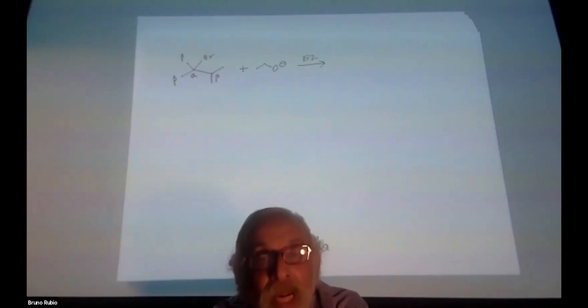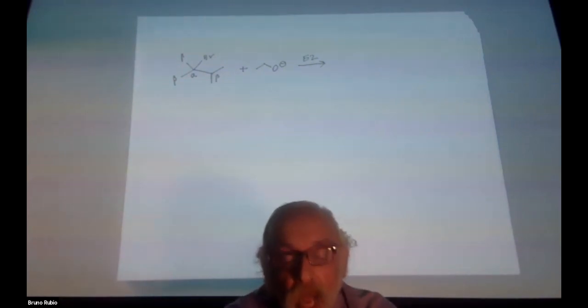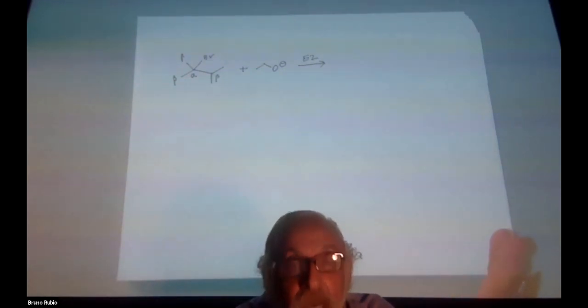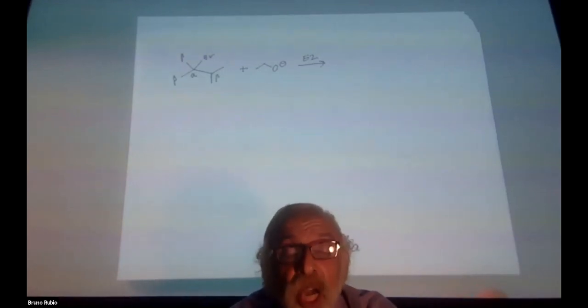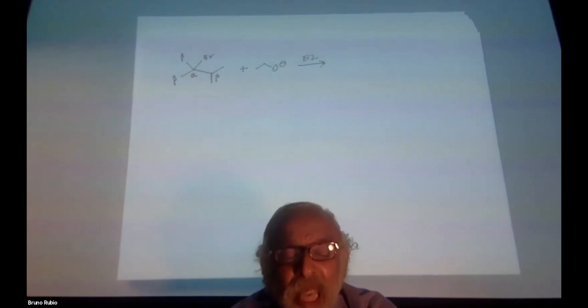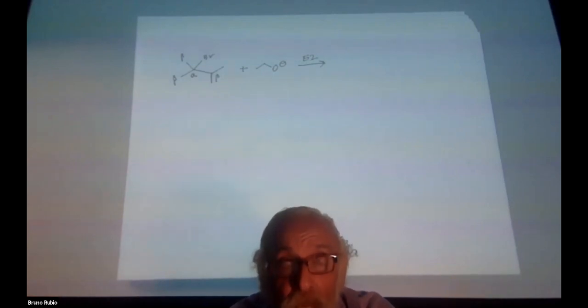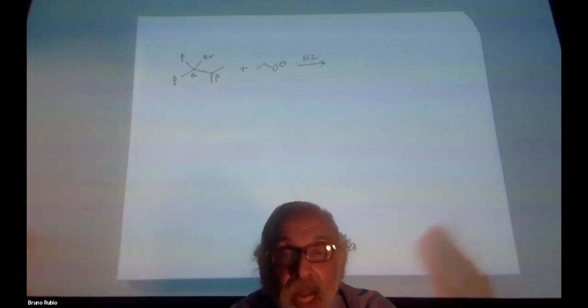remembering that the beta proton and the leaving group must be able to have an anti-relationship, and then remembering that the most highly substituted alkene will be the major product so long as the geometrical requirement of the beta proton and the leaving group being anti is satisfied, and so long as the base is not a bulky base.